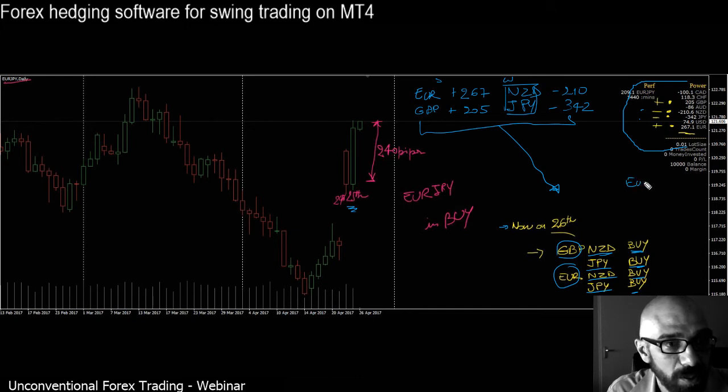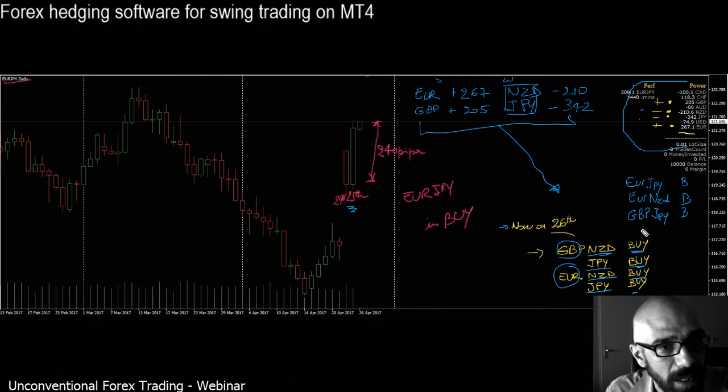So we have euro Japanese yen buy, then we have euro New Zealand dollar buy, and then we have GBP Japanese yen in buy, and GBP New Zealand dollar in buy.